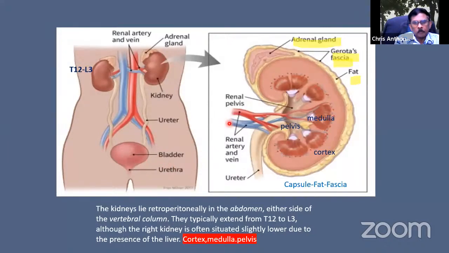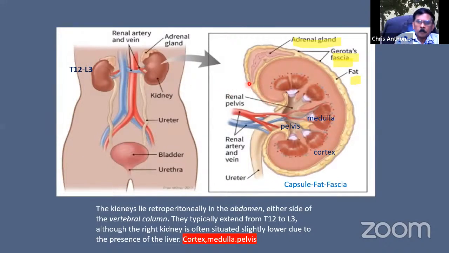The arterial supply of the kidney comes mainly from the renal artery, which arises from the aorta. The venous drainage is through the renal vein into the inferior vena cava, on either right and left sides.